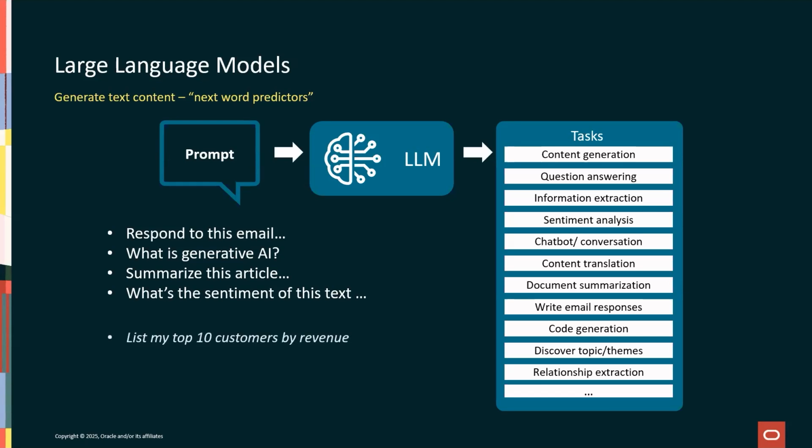But what happens if we ask an LLM about listing your top 10 customers by revenue? Or what is your internal corporate policy on a topic? It is more likely that the LLM may not be able to answer these types of questions in a meaningful way. And this is where SelectAI comes in to solve that problem.